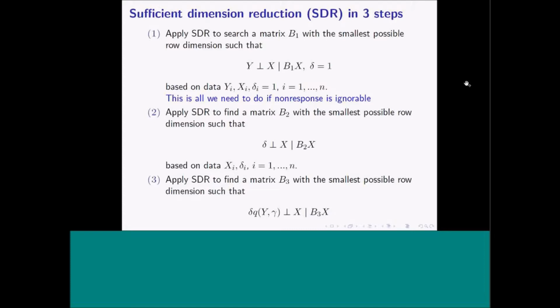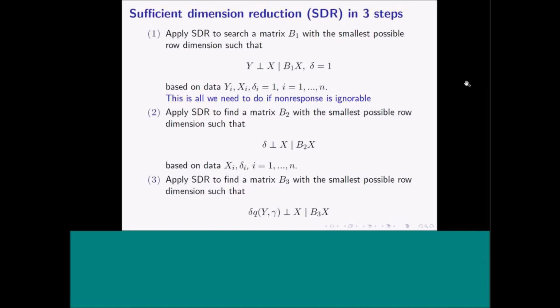The third one actually has a little bit of trouble. I need to find a B3 such that, given B3 times X, delta times Q is independent of X. Where is the trouble?